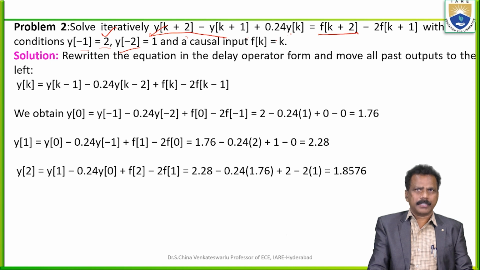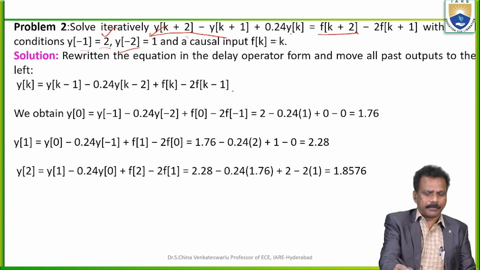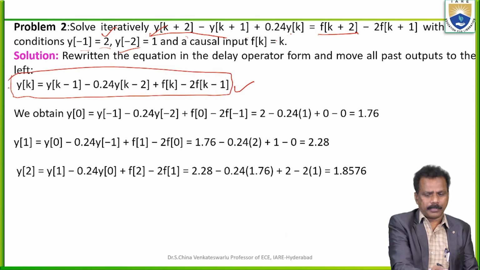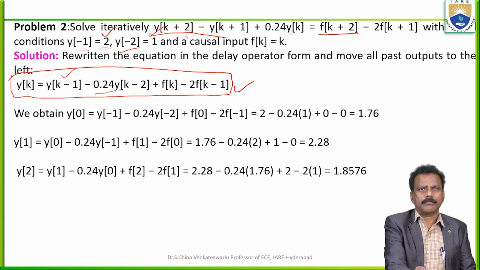Rewritten in delay operator form, y of k is equal to y of k minus 1 minus 0.24 y of k minus 2 plus f of k minus 2 f of k minus 1.